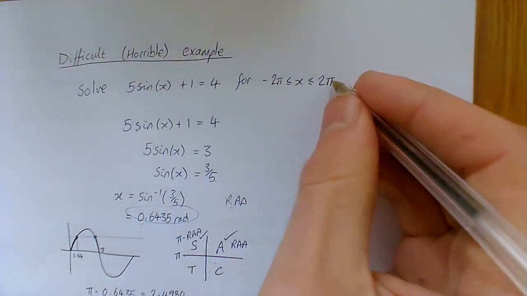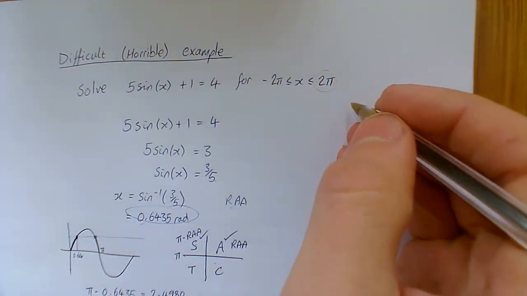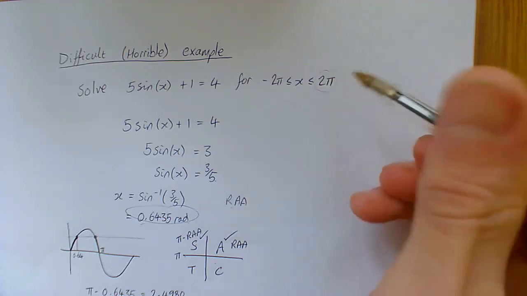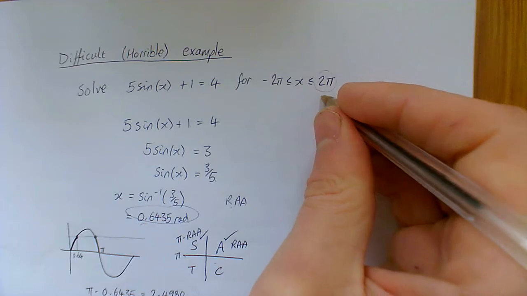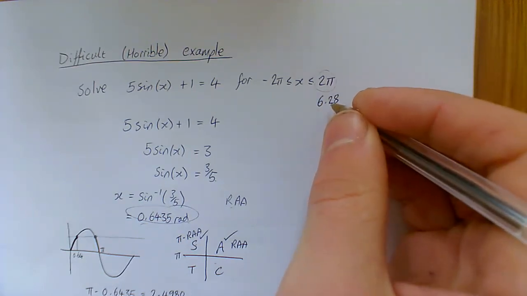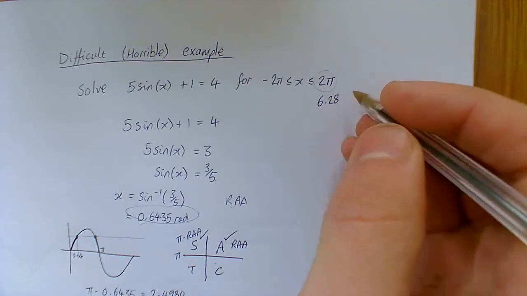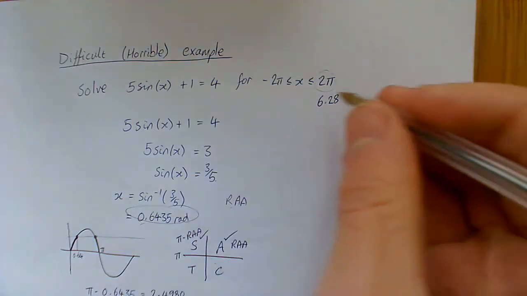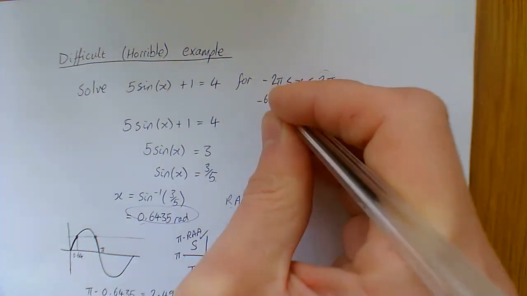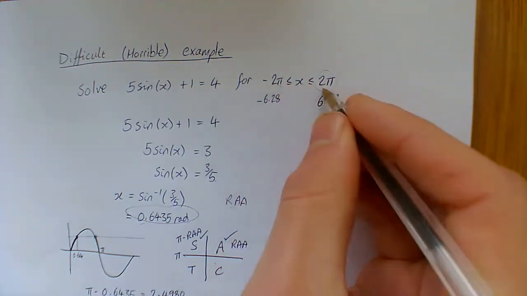Just quickly, it might be worth, and I sometimes do this just to give myself a clue when I'm working with decimal radians and radians with pies, to convert this to just a decimal, just so we can see how big or small we are relative to what's going on. So 6.28 and minus 6.28 is the region that's between -2 pi and 2 pi.